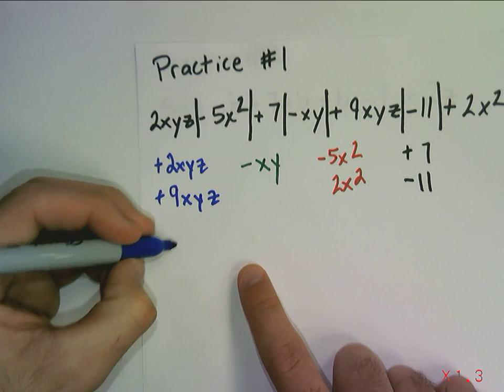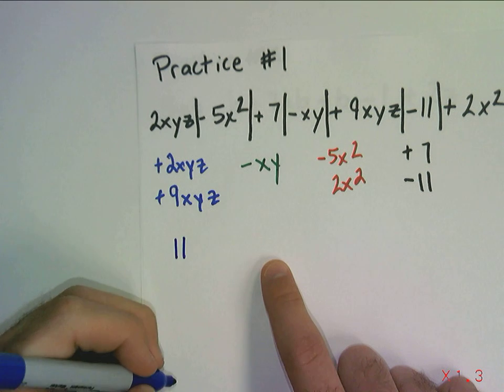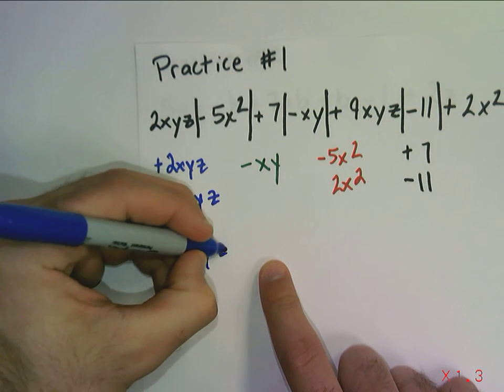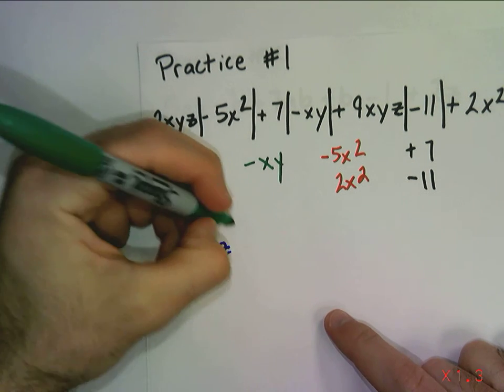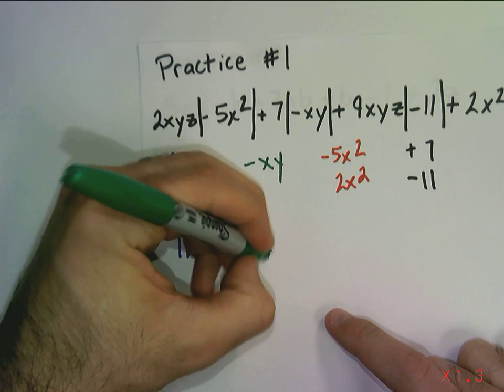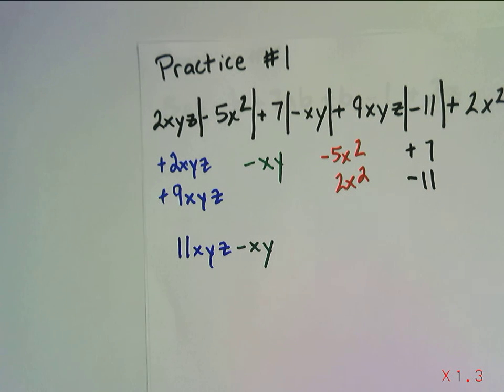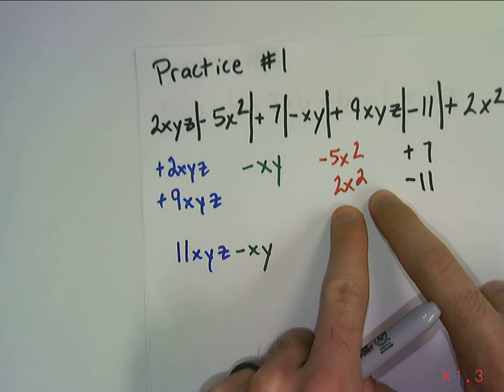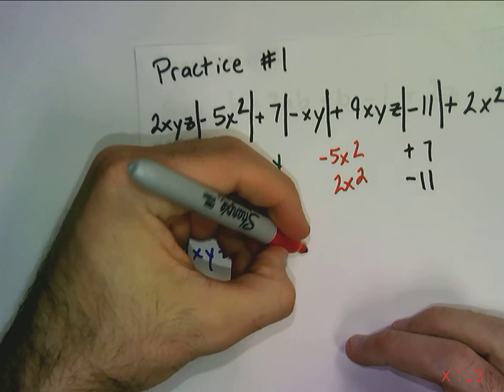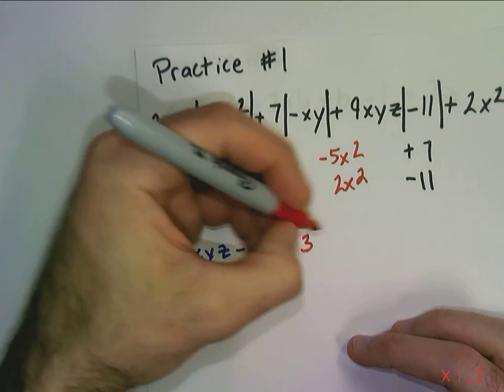So 2 plus 9 would give me 11, and then xyz is going to stay. Let's look at my xy term, which would just be the negative xy, since that's the only one there. Then the x squared terms, negative 5x squared plus 2x squared would give me a negative 3x squared.